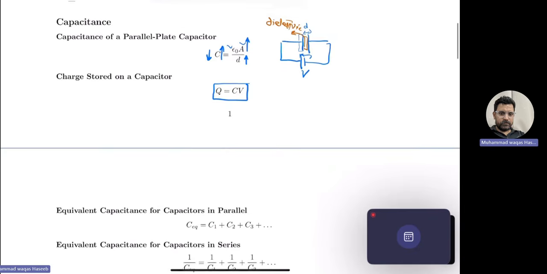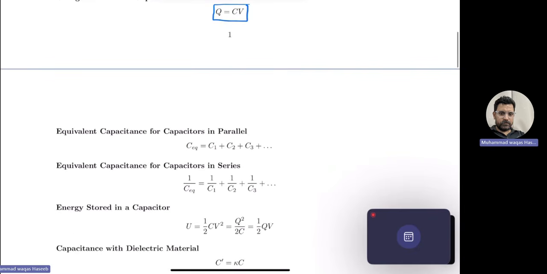We can connect capacitors in series and parallel circuits. For example, a parallel circuit will be like this, and then they are connected to the battery.